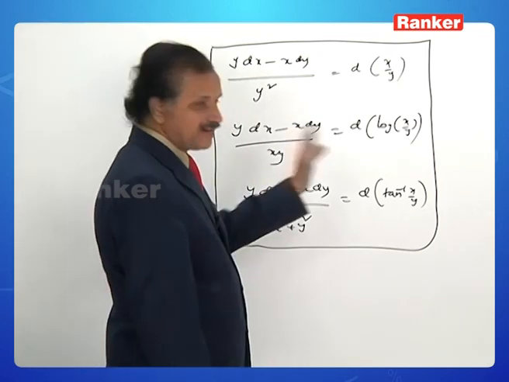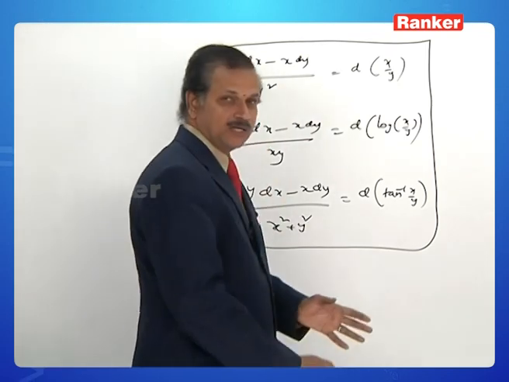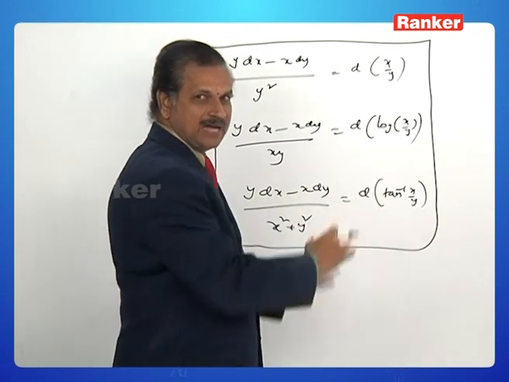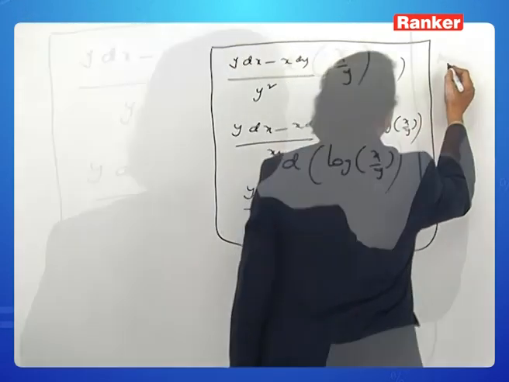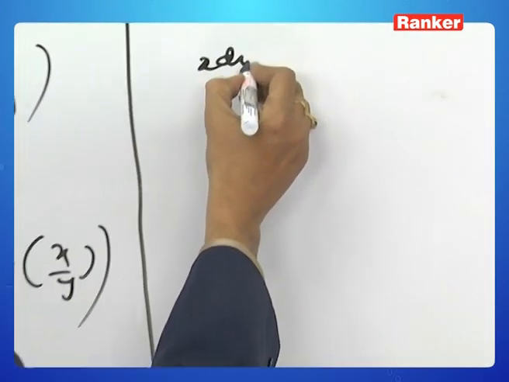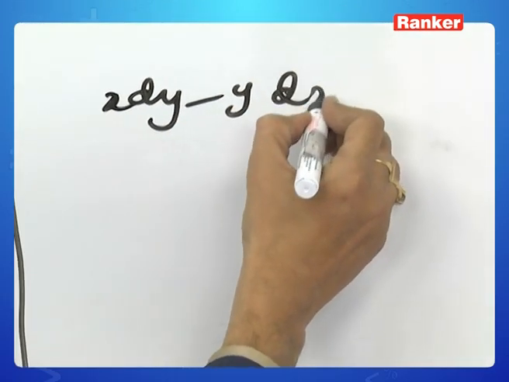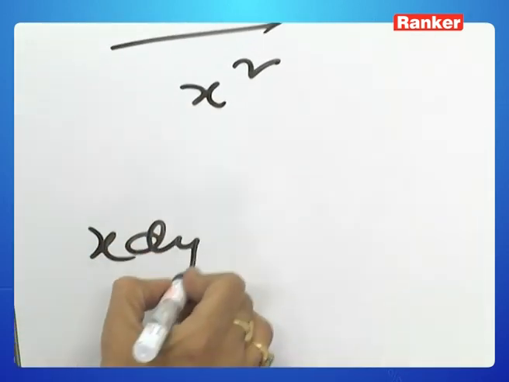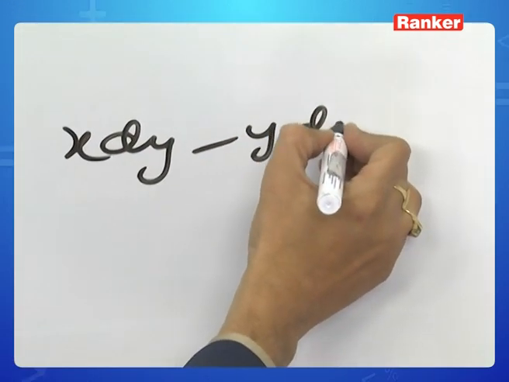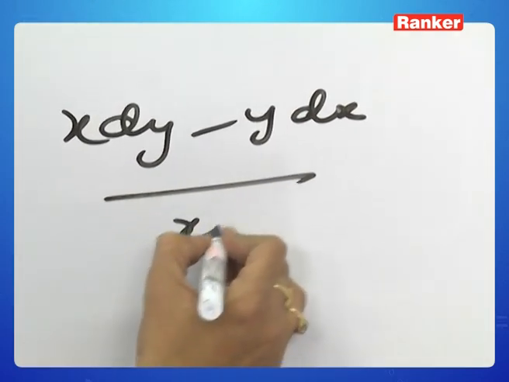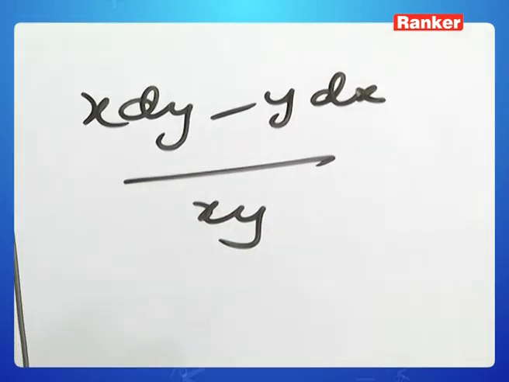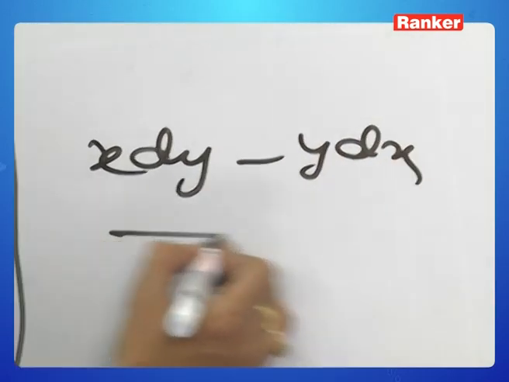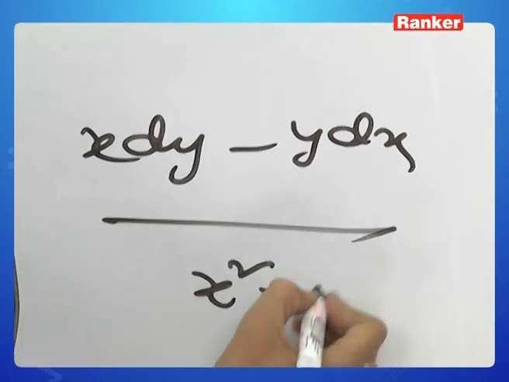Let us create another such box so that we will be able to understand the comparison of these two boxes. (x dy minus y dx) by x square, (x dy minus y dx) by xy, (x dy minus y dx) by (x square plus y square).